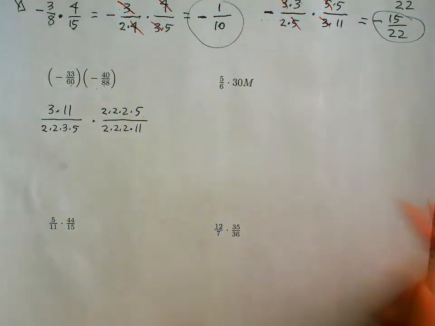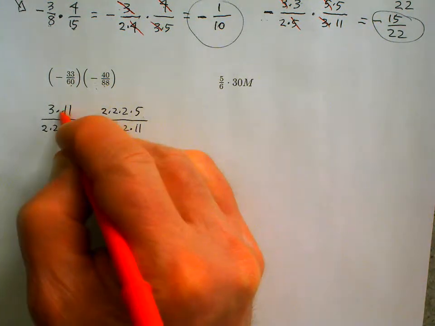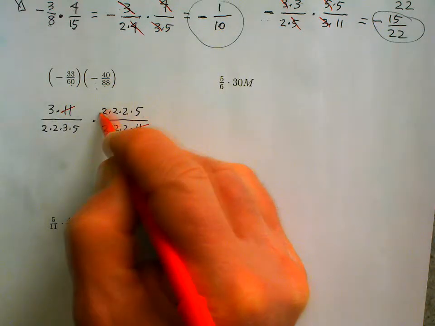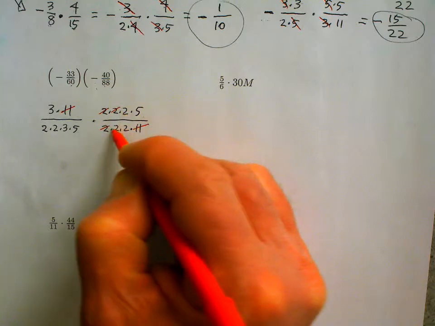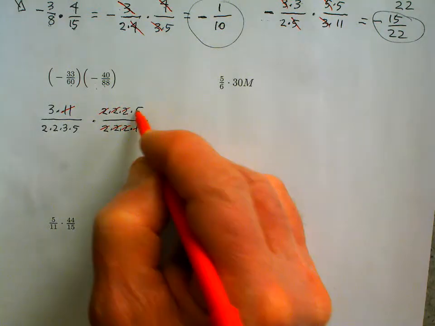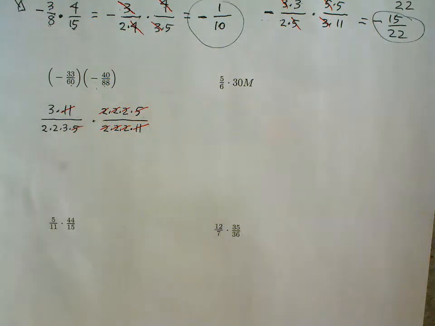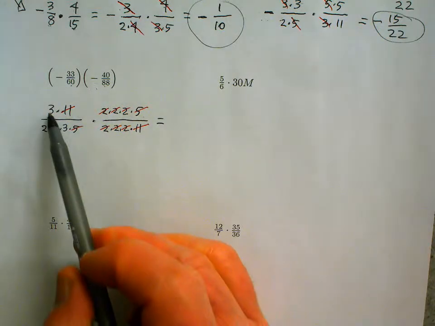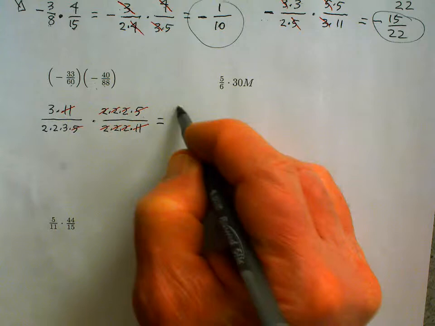And then we look for common factors. 11 divided by 11. 2 divided by 2, 2 divided by 2, 2 divided by 2. We have 5 divided by 5. And that looks like all of the cancellations. So in the numerator, we have 3.